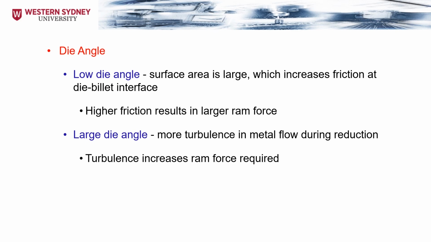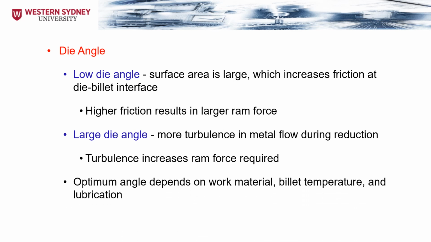So once again, it's not about the lowest value for the die angle, it's not about the largest value for the die angle. We need to find the optimum value that will cause the least force to be used. So the optimum angle will depend on the work material, the billet temperature, and the lubrication to be applied.